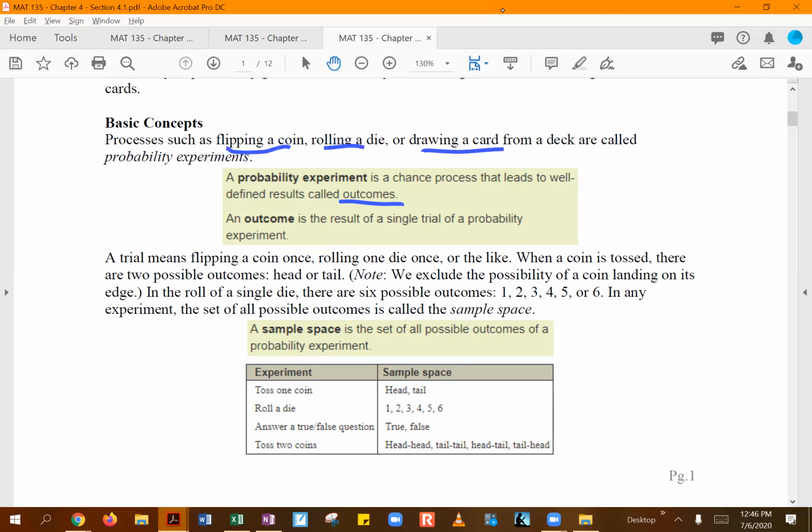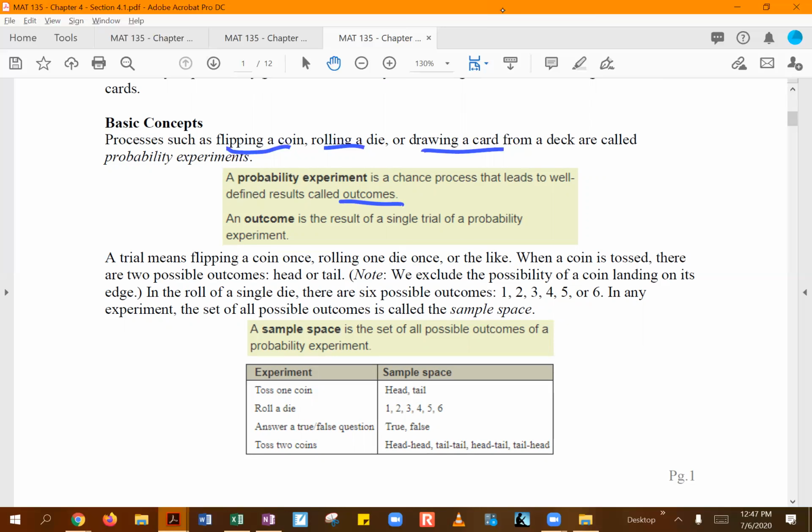So just as your definition, a probability experiment is a chance process that leads to well-defined results called outcomes. An outcome is the result of a single trial of a probability experiment. So think about if we were flipping a coin. That's the probability experiment. The outcome would be, does our coin land on heads or tails? If we're rolling a die, then the actual process of rolling the die is the probability experiment, but then does your die land on the number 1, 2, 3, 4, any of those numbers?